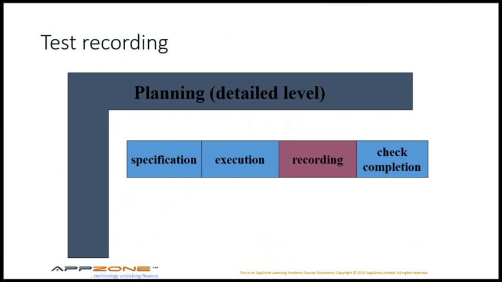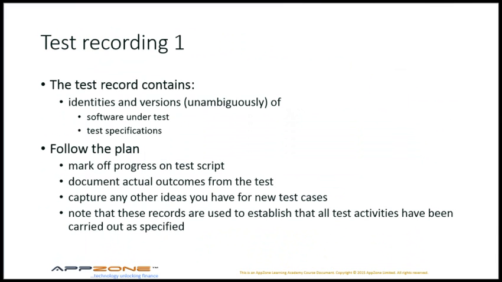Recording, like I said earlier, is necessary for the purpose of regression or even for automation. So the test record contains the identities and versions of the software under test, and the test specifications. Then you also follow the plan. You mark off progress on test scripts. You are recording your progress.